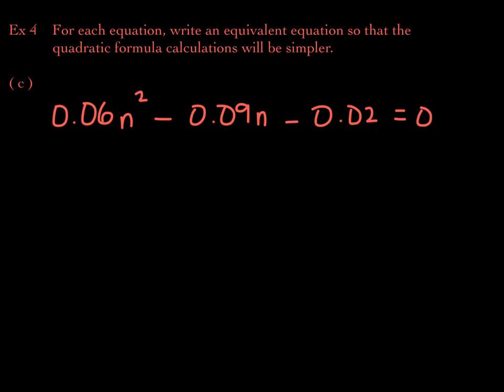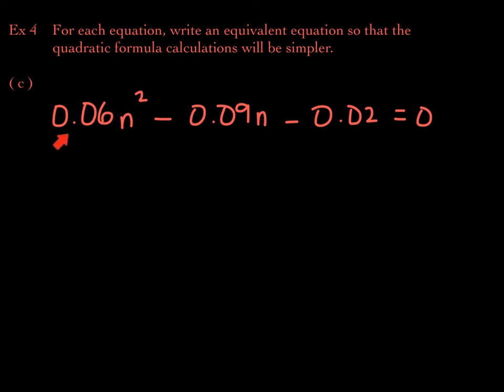Now for this equation, I think the obvious move here is let's get rid of these decimals. Don't forget decimals are fractions, okay? So what we can do is move all these decimals 2 spaces to the right, and then these coefficients become integers only instead of these fractions.